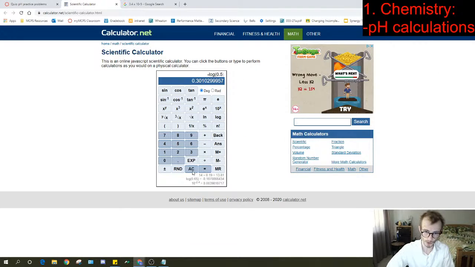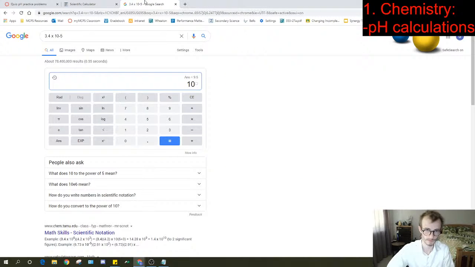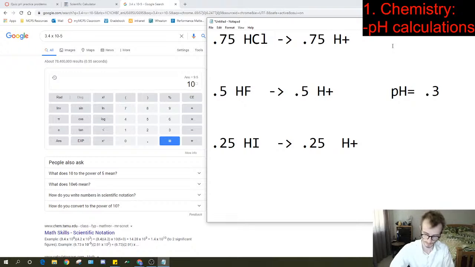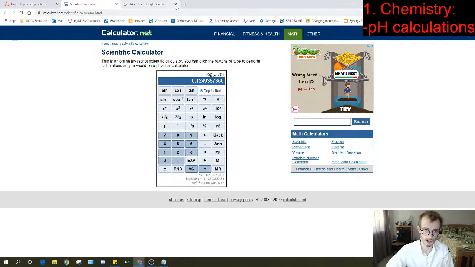I can do the minus log of the other one, 0.75, which gives me 0.12. And then the pH of the very last one, minus log of 0.25, gives me 0.6.